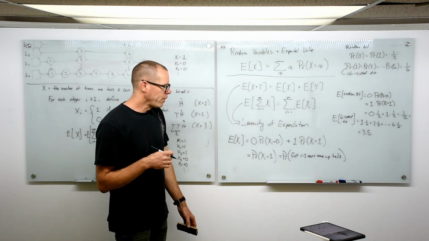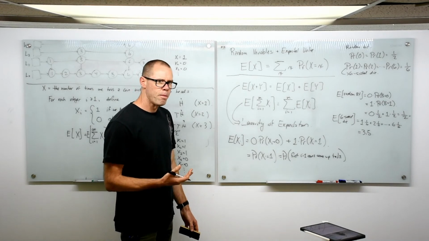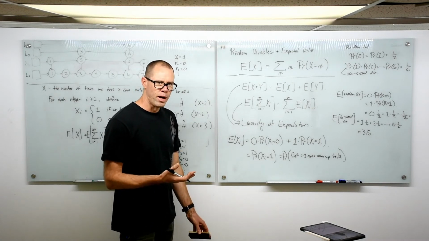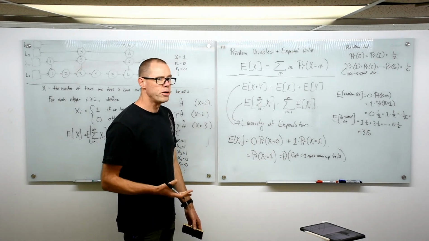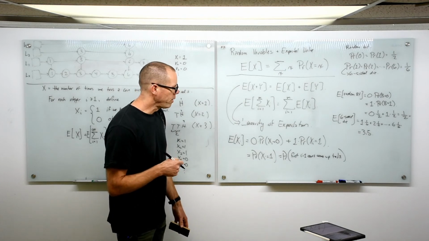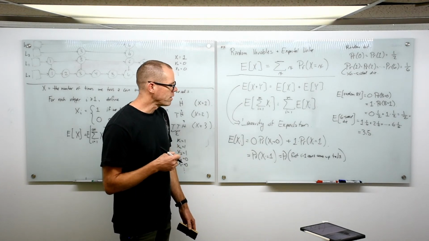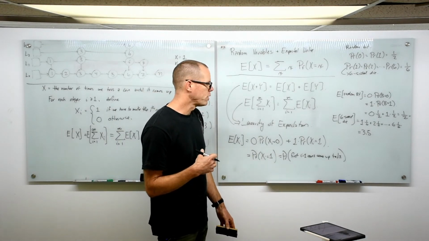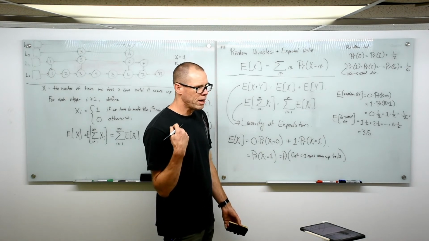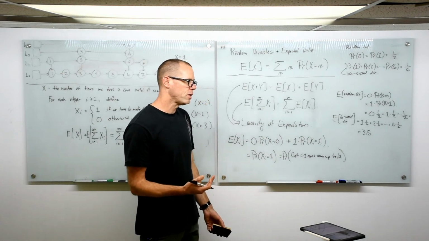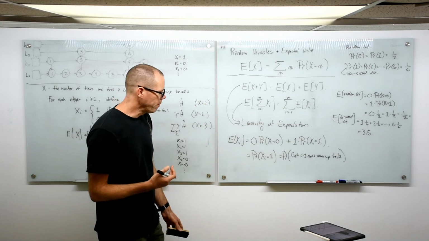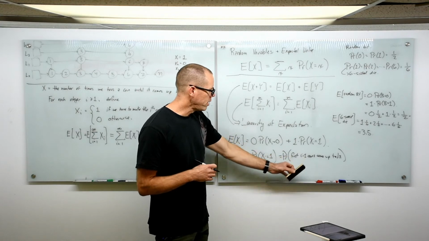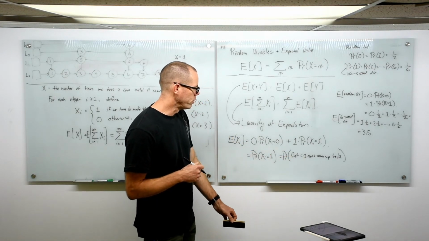The probability that it comes up tails the first time is 1/2, the second time is 1/2, and the third time is 1/2. Those 3 events are independent, which means the probability that we get 3 tails in a row is 1/2 to the power 3, and the probability that we get i minus 1 tails in a row is 1/2 to the i minus 1.